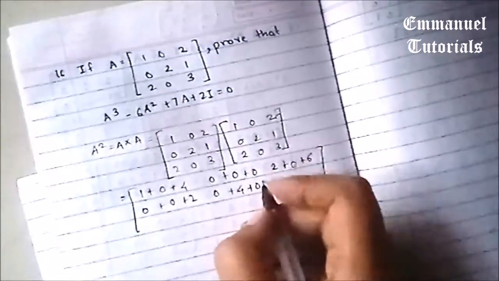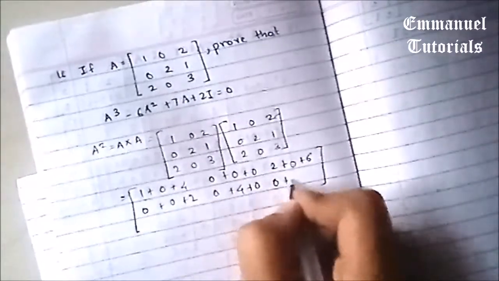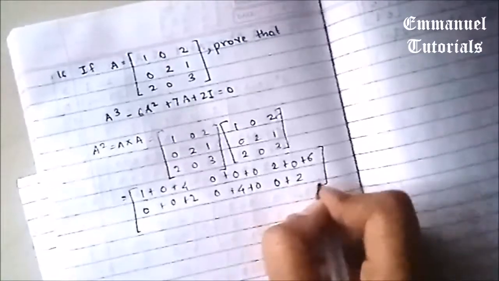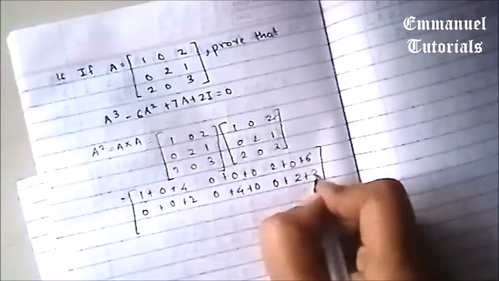And 0 into 2 is 0, plus 2 into 1 is 2, plus 1 into 3 is 3.